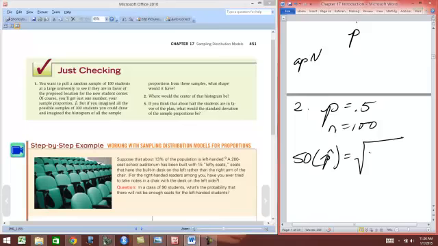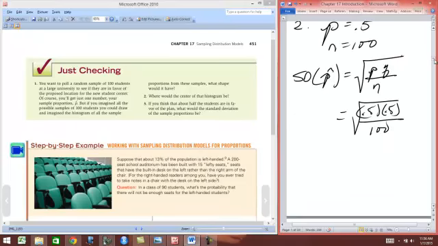It's going to be the square root of PQ over N, which equals the square root of 0.5 times 0.5 over 100, which is 0.5 over 10, which is 0.05. So the standard deviation of P hat equals 0.05.